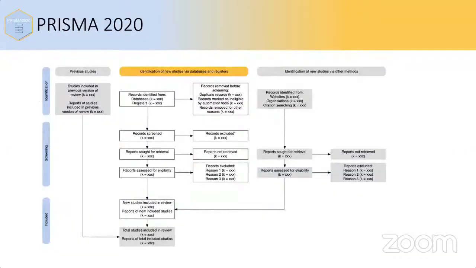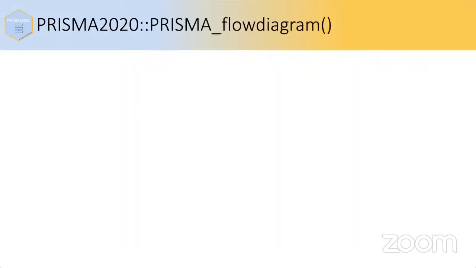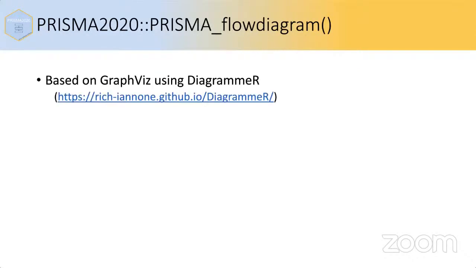In the case of PRISMA, this is the PRISMA 2020 preprint version of the flow diagram. And I'm going to describe how the PRISMA 2020 R package and Shiny apps work. So the main function is PRISMA_flowdiagram, and it's based on GraphViz and uses DiagrammeR.